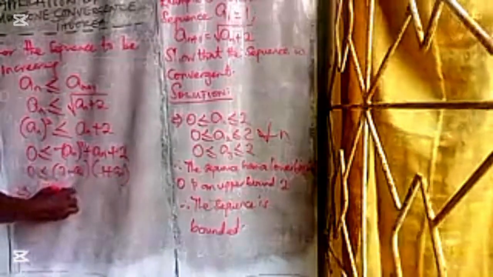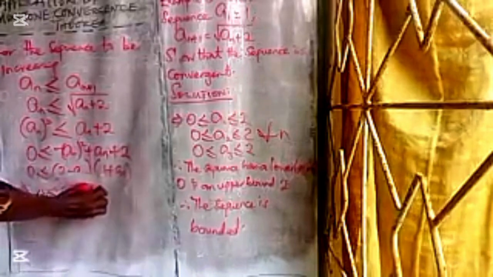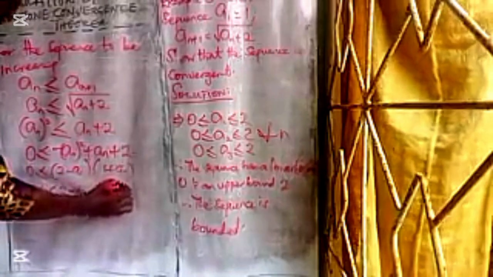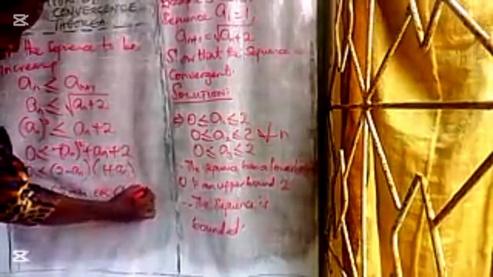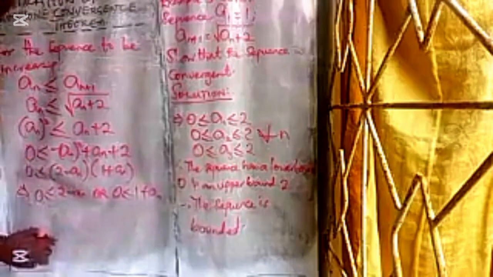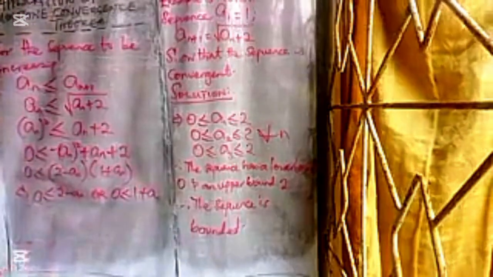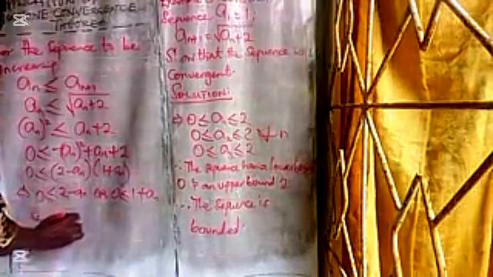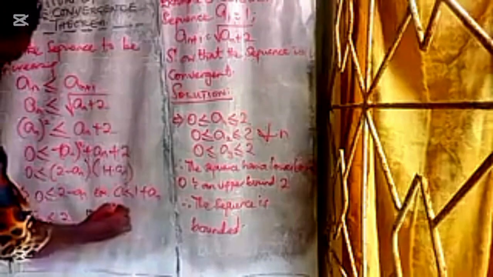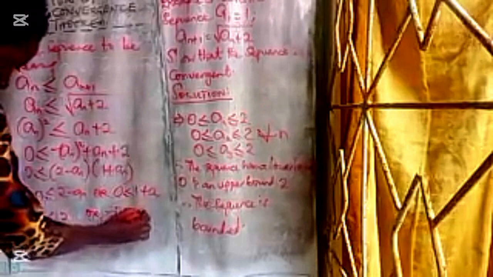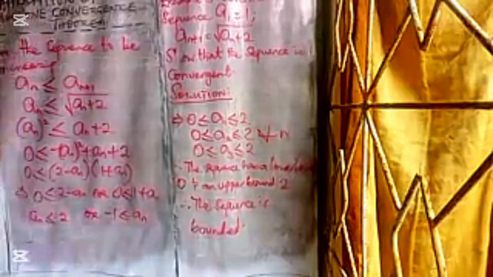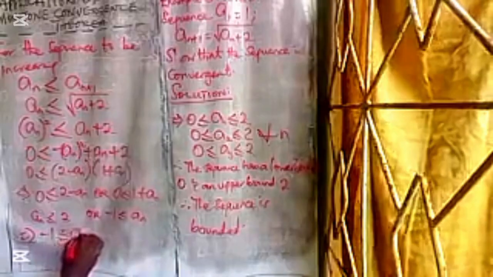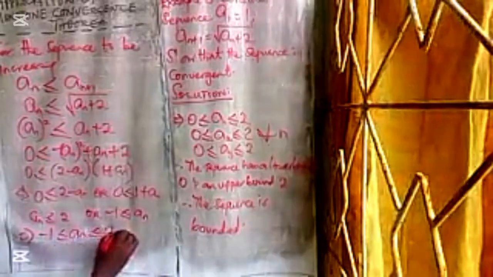0 is less than or equal to 2 minus a_n, or 0 is less than or equal to 1 plus a_n. This implies that a_n is less than or equal to 2, or minus 1 is less than or equal to a_n. And so this implies minus 1 less than or equal to a_n less than or equal to 2.